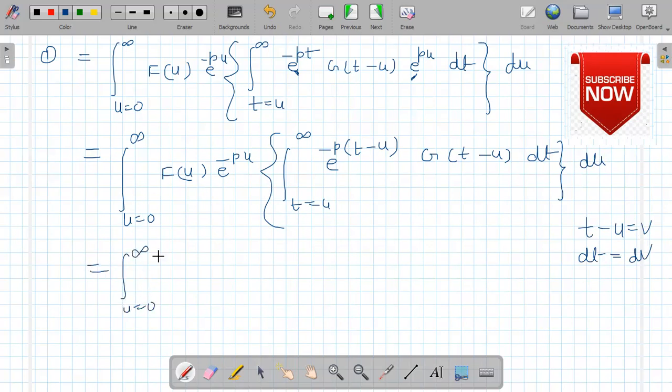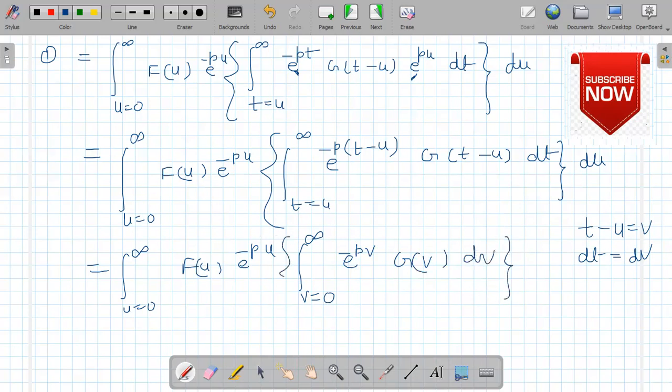So now my expression becomes: the limit, whenever I put t equal to u here, v will be 0, and at infinity v will be infinity, e^(-pv) g(v) dv, and you can compare this with the definition of Laplace transform. This is the Laplace transform of g(v). So I replace this by L of g(v).